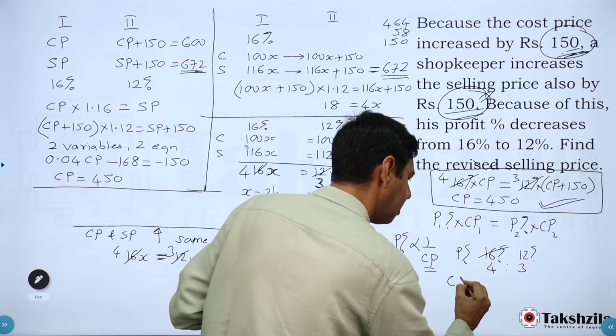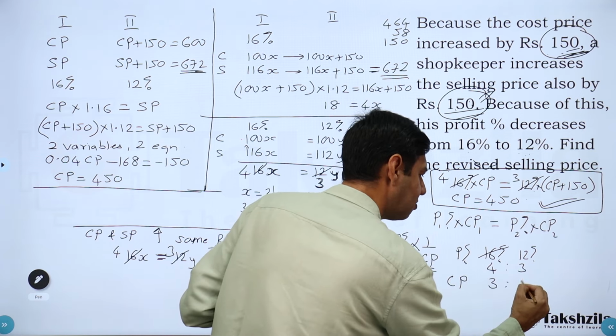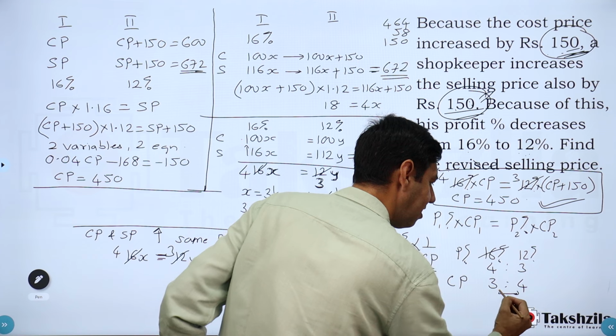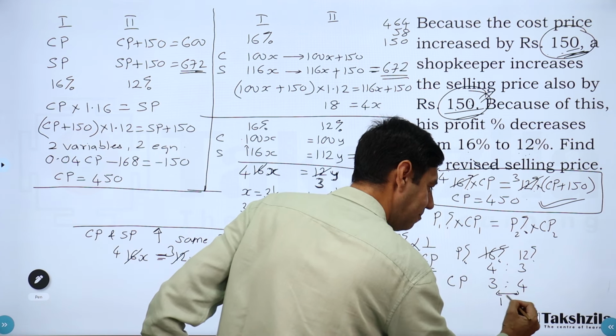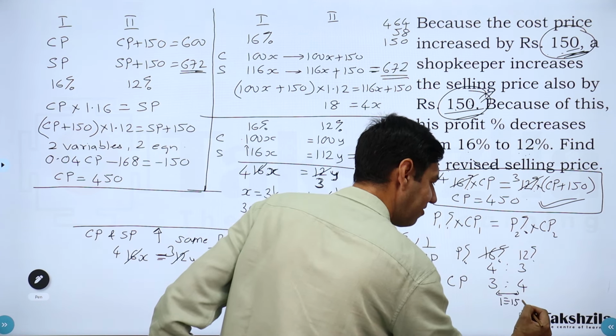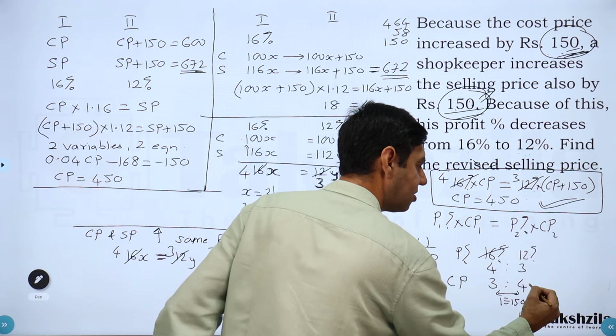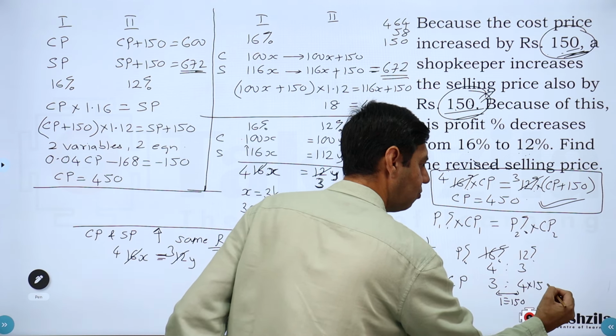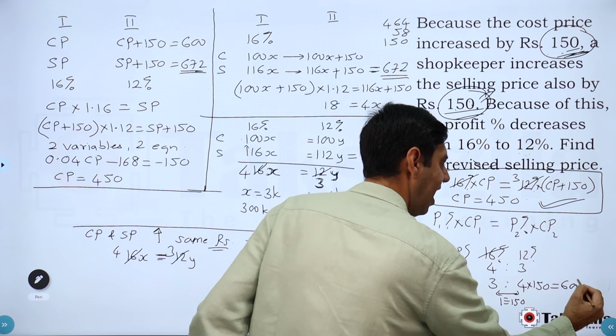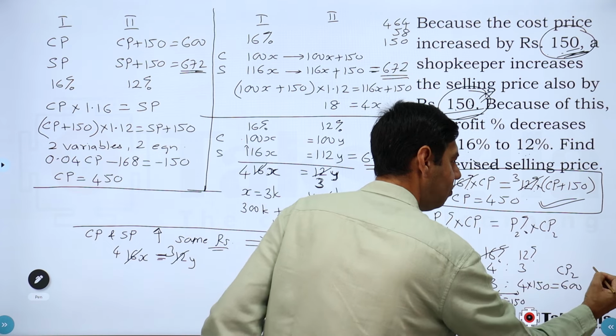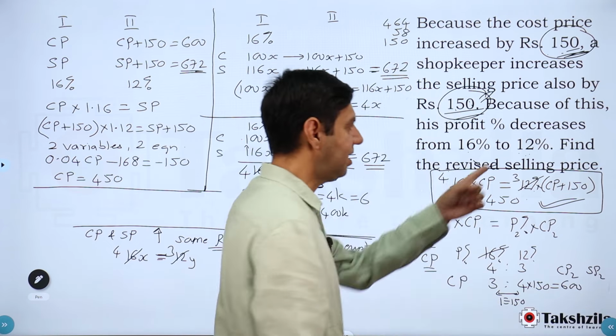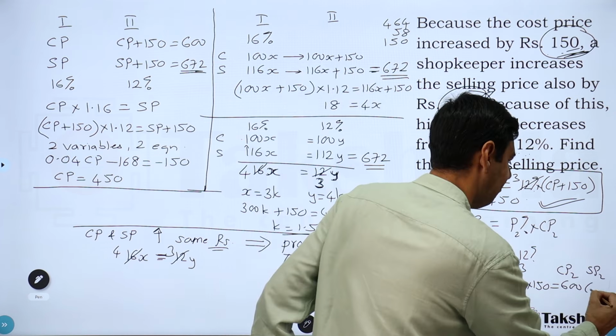So do I know that the cost prices are in the ratio 3:4? And do I know that the difference in the cost price, one part, is actually 150? So what is the second cost price? The second cost price is 4 into 150, which is 600. And if this is the cost price 2, the selling price 2 is nothing but increase it by 12%, 672.